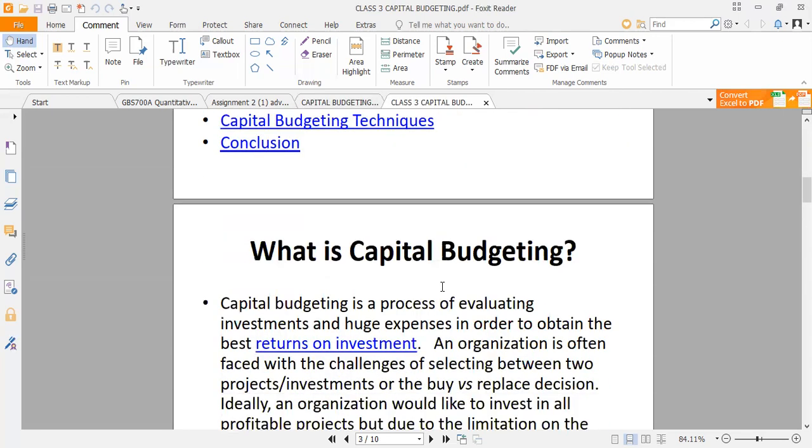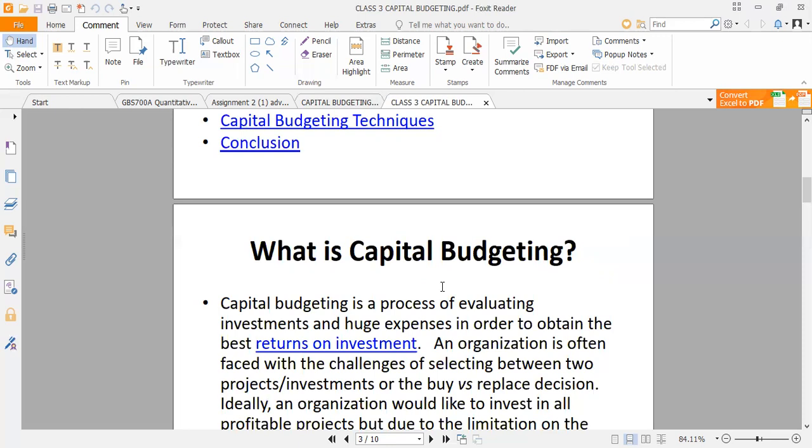So capital budgeting is a process of evaluating investments, evaluating an investment and the huge expenses in order to obtain the best returns on the investment. This is what capital budgeting is all about.